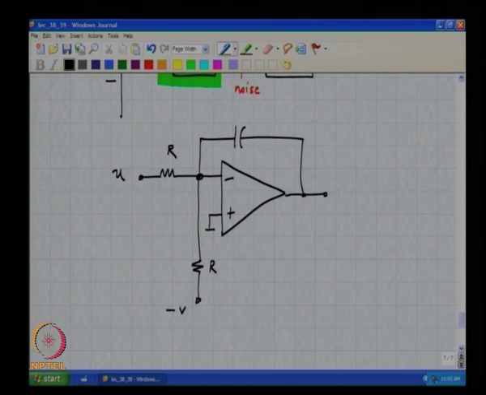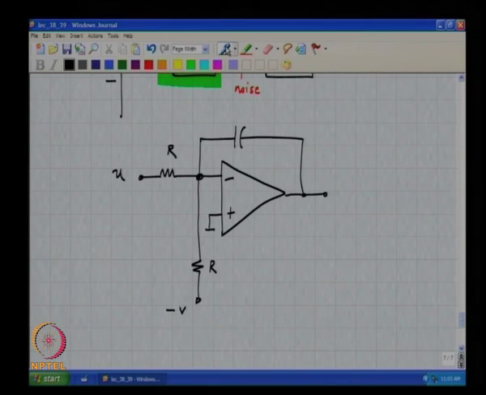So, what is the input referred noise of this integrator? It is not 4kTR.